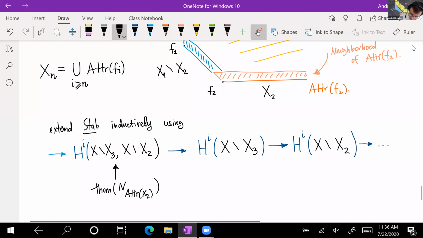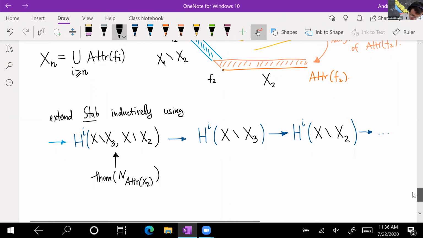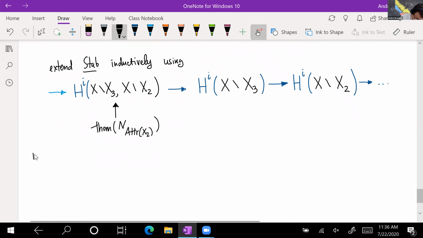And so this would be saying that in elliptic cohomology, what we're going to get is some kind of ith cohomology of, sorry, not the ith cohomology.